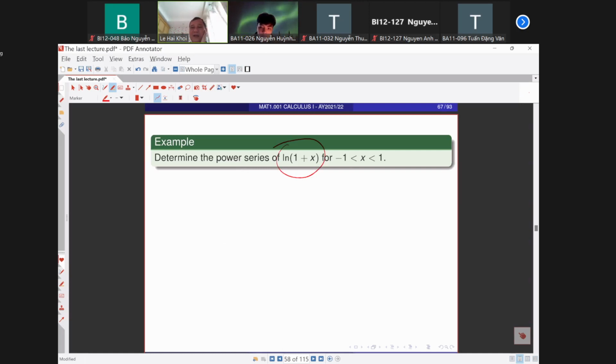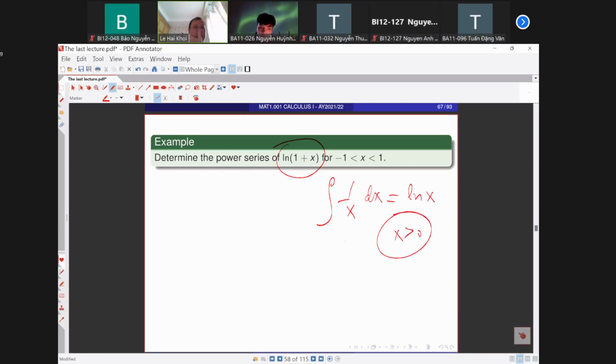Oh, that's a big problem. We don't know the logarithm, right? However, we know that the integral of 1 over x dx is the logarithm of x if x is positive, right?